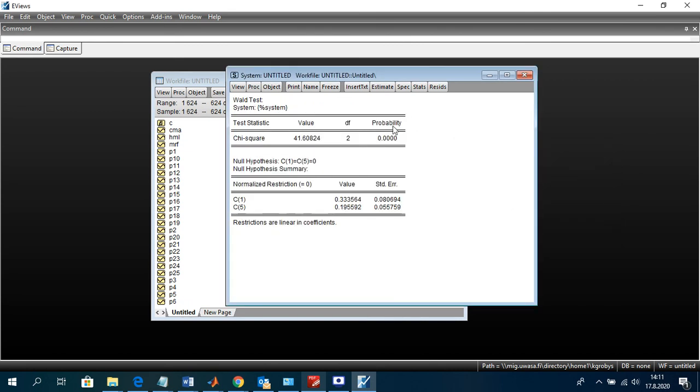So what comes out? Again, we remember the critical value is 5.99 for the chi-square distribution with 2 degrees of freedom, given that we want a significance level of 5%. And our test statistic is estimated at 41, so much larger than the corresponding critical value. Also here, the p-value is 0, implying that we reject the null hypothesis.